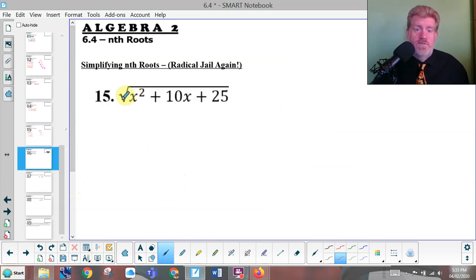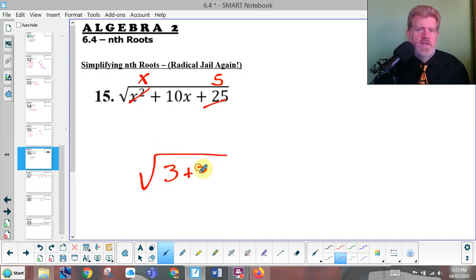All right, the square root of this. Now, you cannot do this, just so you know. You can't say, oh, look, an x comes out. Oh, a 5 comes out. Well, you can't just leave the poor 10x here. That's like saying the square root of 9 plus 9.